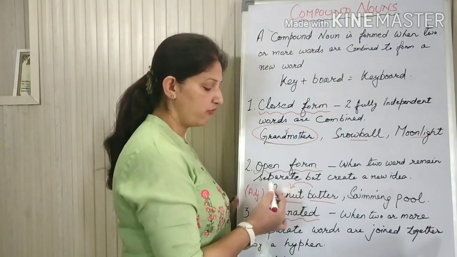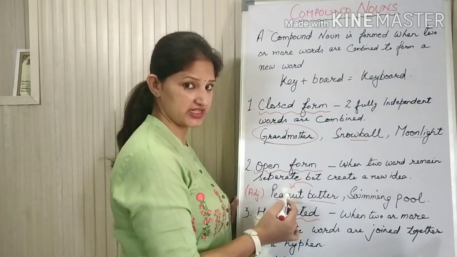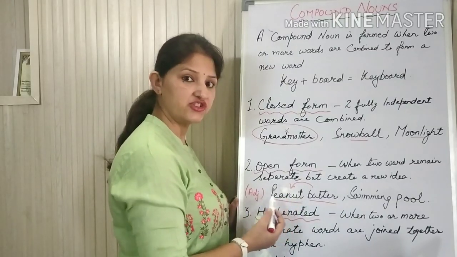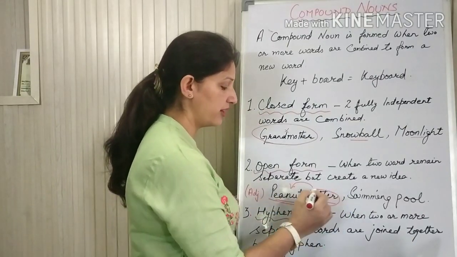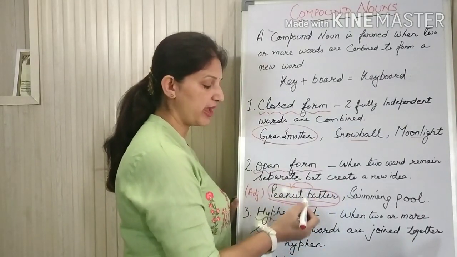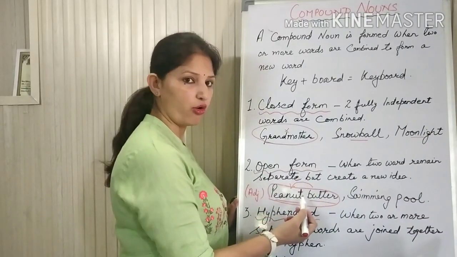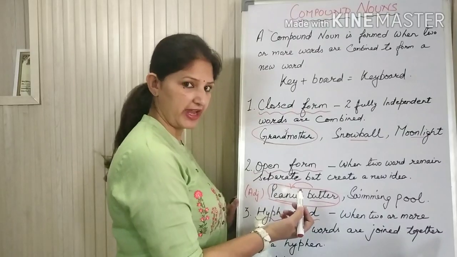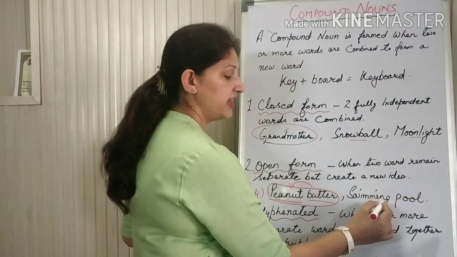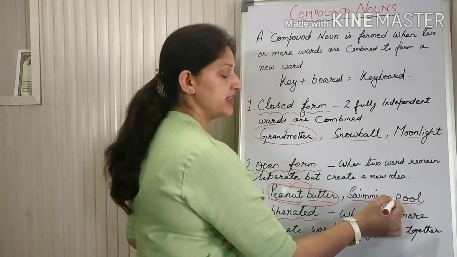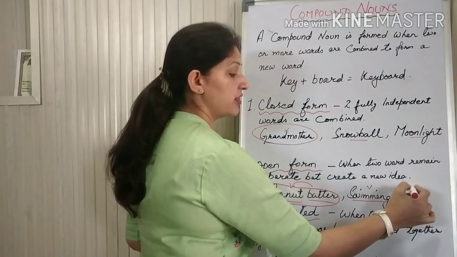So here, if you see closely, you will find that it is working as an adjective. So here it is altogether a combined word, but we will put the space in between. This is because this is the open form of the compound word. Fine. In a similar way, here you can see swimming and pool. Now if we see closely, swimming is a verb and pool is a noun.